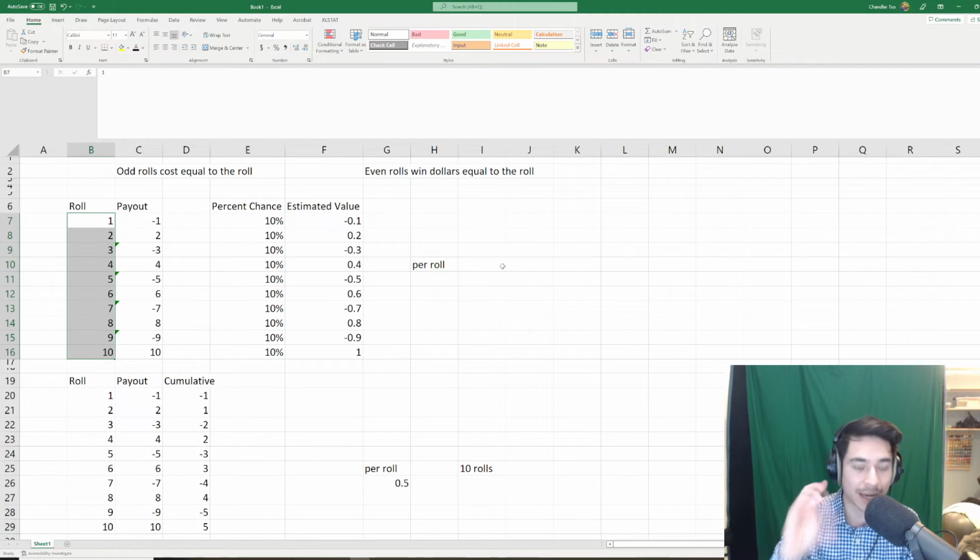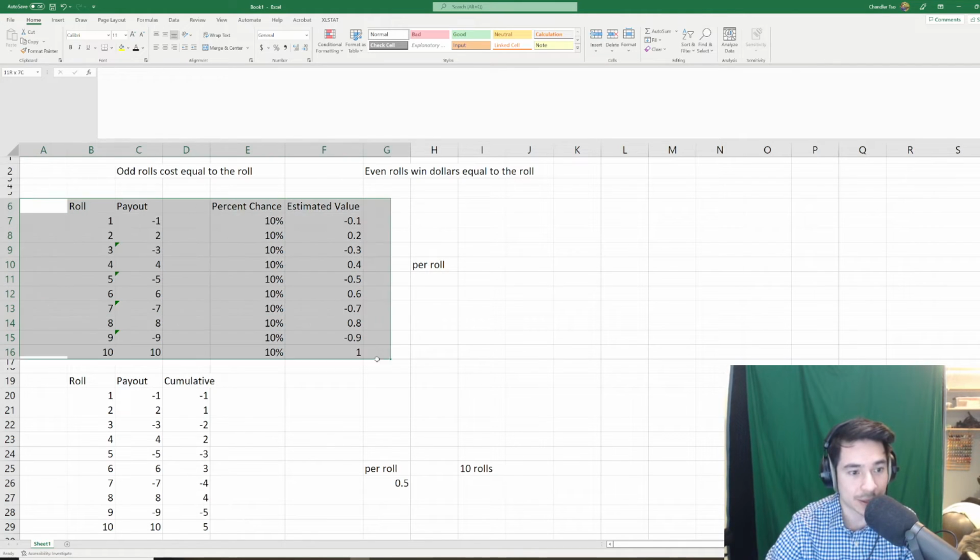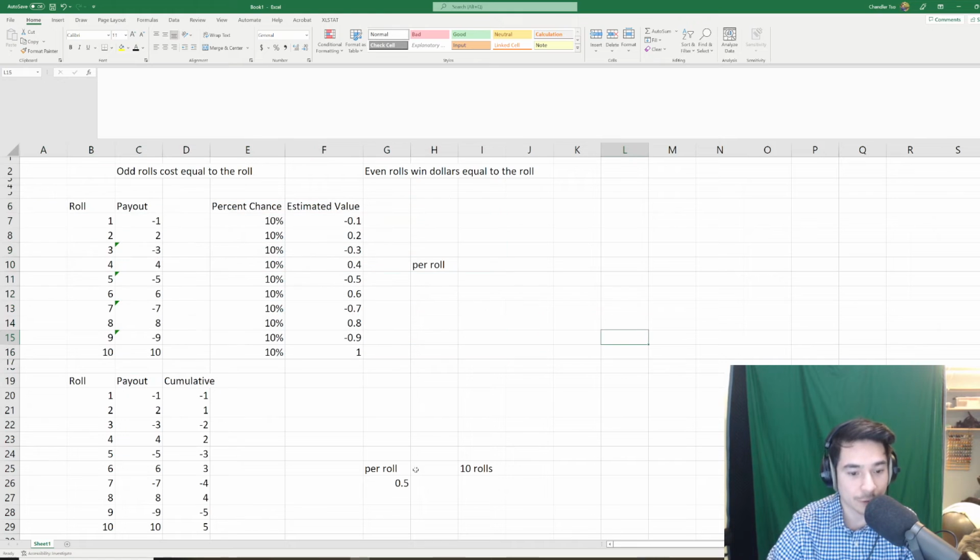If you roll this dice in this specific game, on average, you're going to receive 50 cents. And we do that by adding up all these numbers here. We add them all up using the sum function and we get 0.5. So every time we roll this dice, we're expected to win 50 cents.